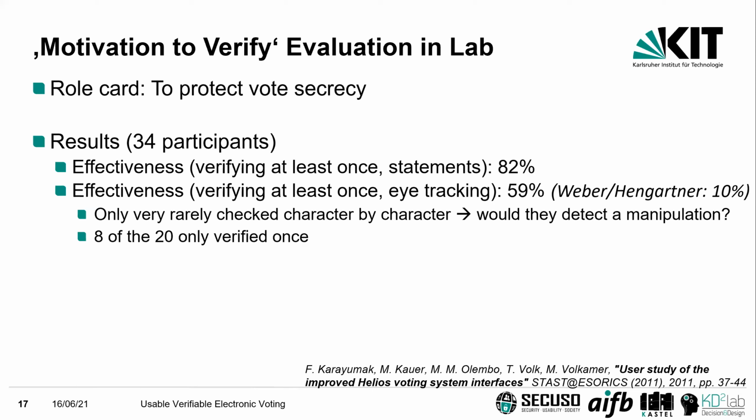Eye tracking is cumbersome because you need more time to calibrate the devices. So later on, we actually also used only screen recording. However, it's worth mentioning, in particular for a system like Helios, you get better results if you use eye tracking.